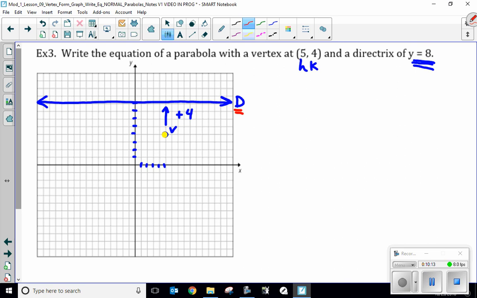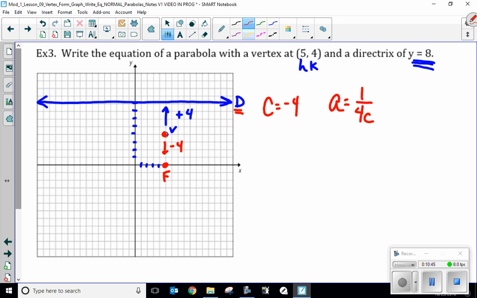So if I went up 4 from the vertex to go to my directrix, I need to go down 4 to go to my focus. And there I go. I have my c value. My c value is -4. How do I know that? Because in order to go from my vertex to my focus, I have to move down 4. It's -4. So my a value is 1 over 4c.